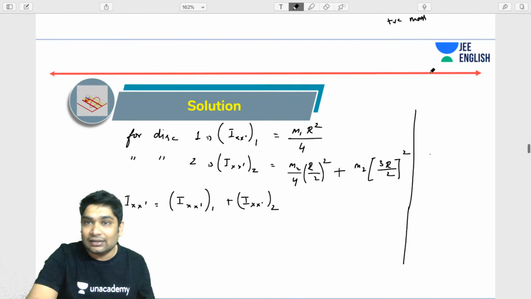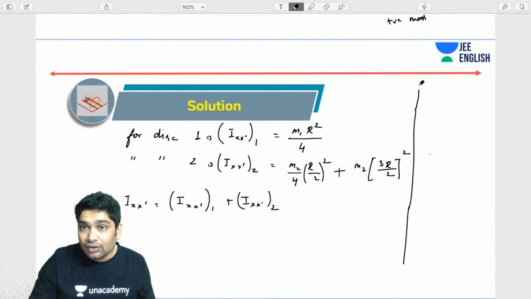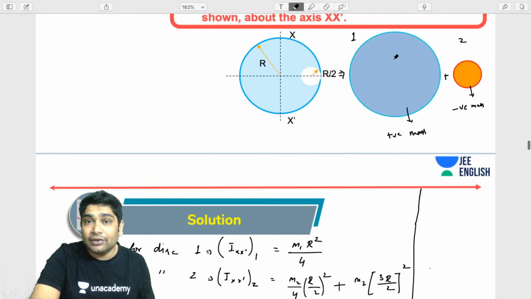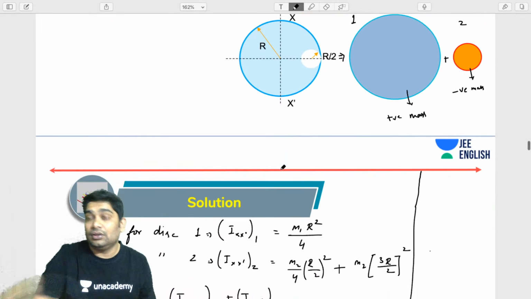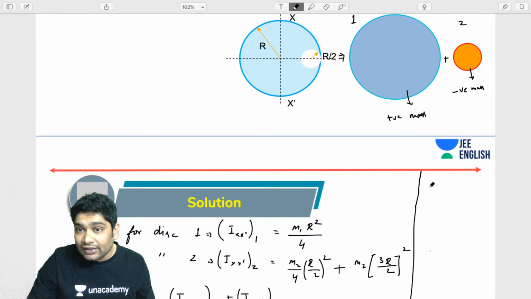Now let's see how do I calculate that. For this the mass is M, and what is the area? So I will find the mass per unit area. That would be M over the total area, which would have been pi R square minus R by 2 whole square.